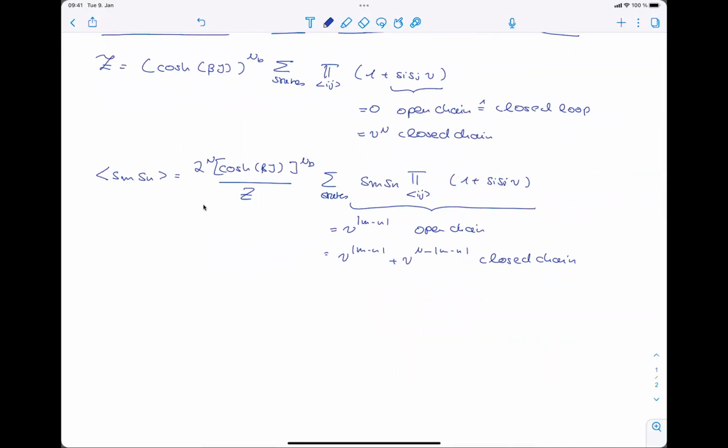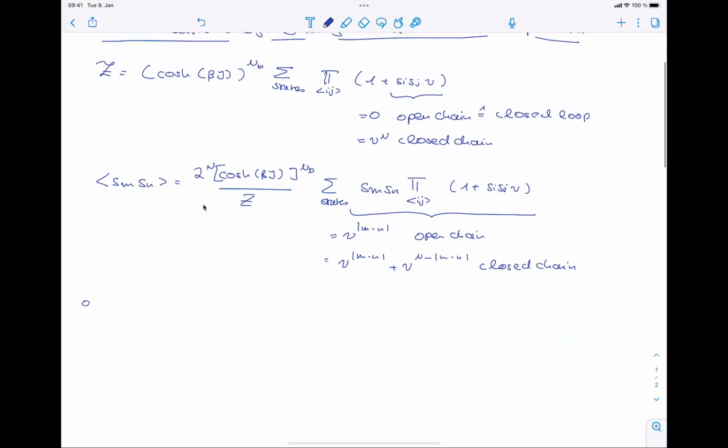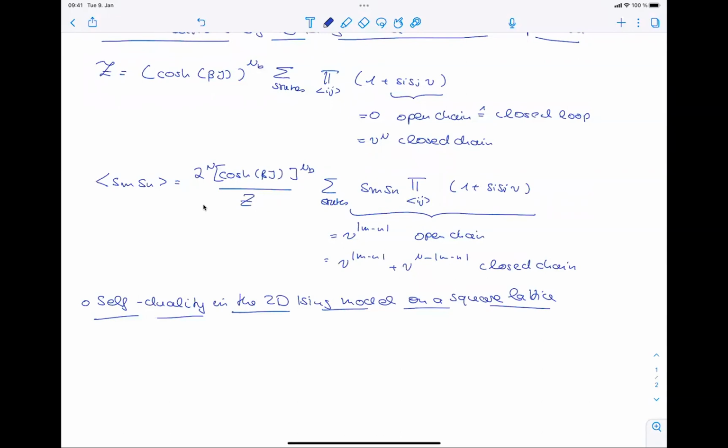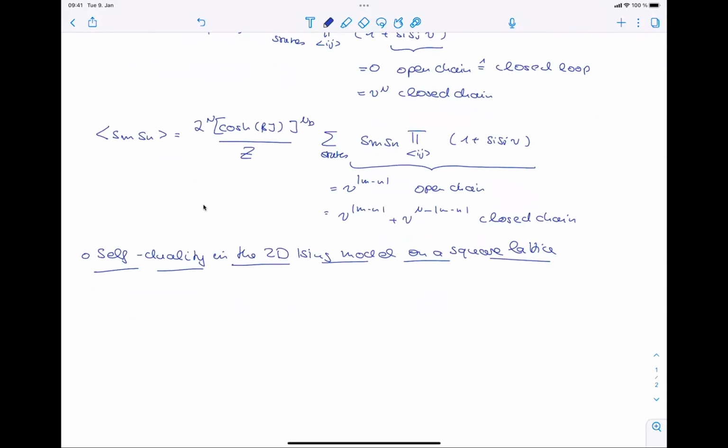And then we went on to look into the concept of duality, self-duality in this case, in the 2D Ising model on the square lattice. And we saw really how symmetries unfold by writing down the high and the low temperature expansion.